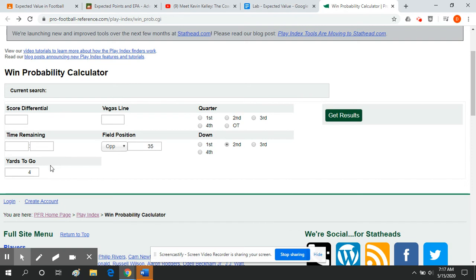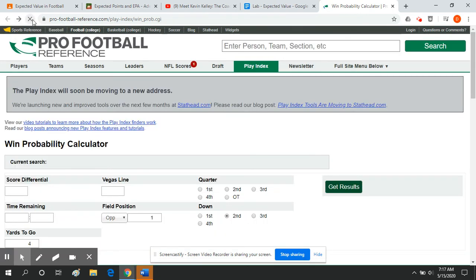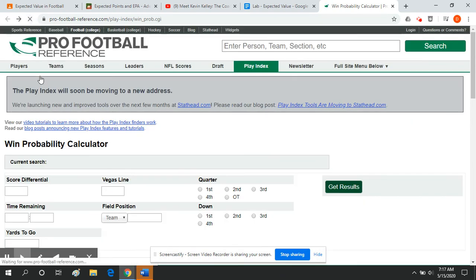And you'll see, as you get closer to the end zone, so let's say I change this to being on the opponent's 1 yard line, you're probably going to score at that point. So the average number of expected points is going to get really close to 6. It says 0 there, so I must have goofed something up. Let's see, 4 yards to go.